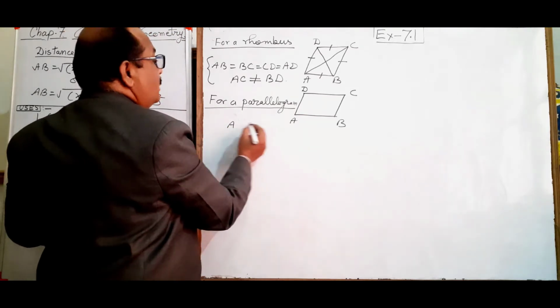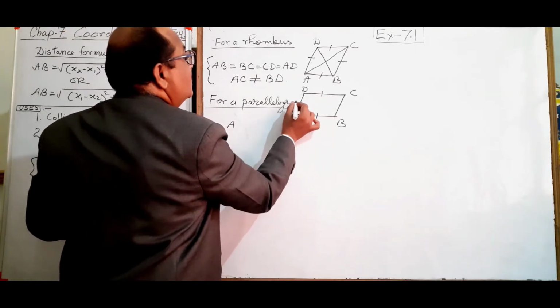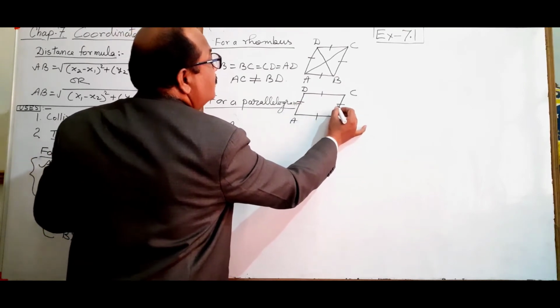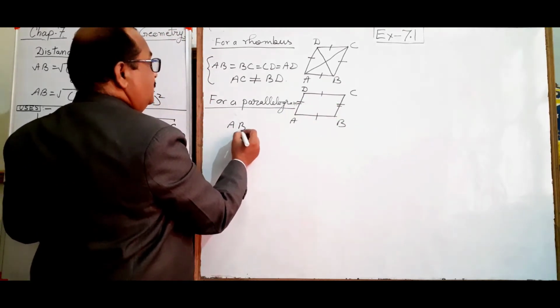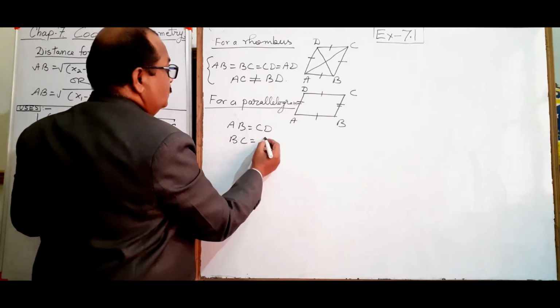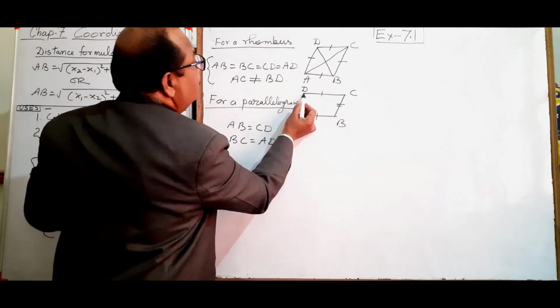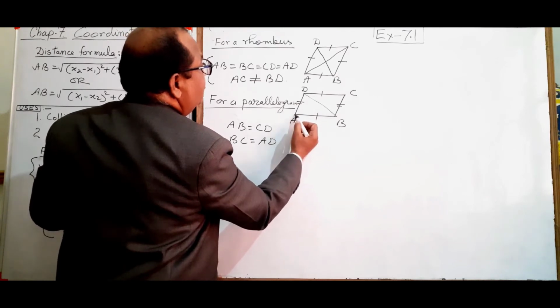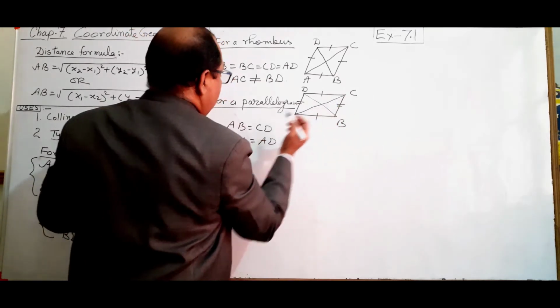The condition is that opposite sides are equal, meaning AB is equal to CD, BC is equal to AD, and the diagonals BD and AC are not equal.